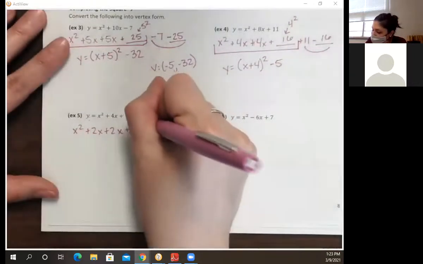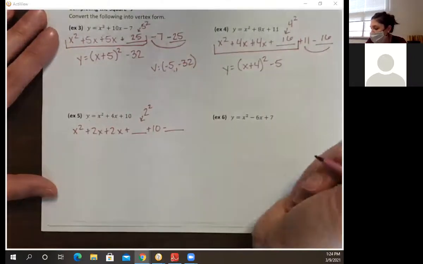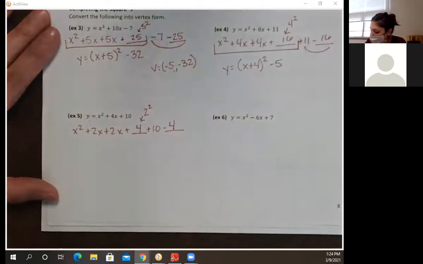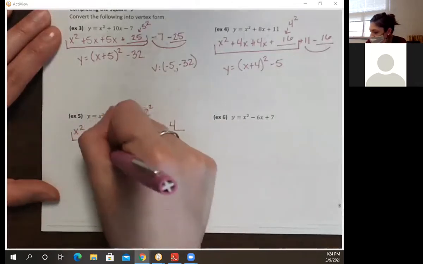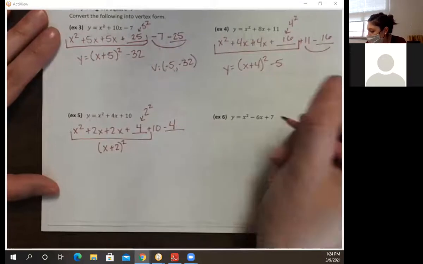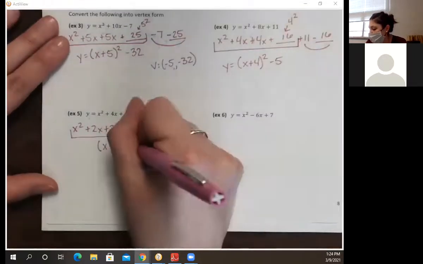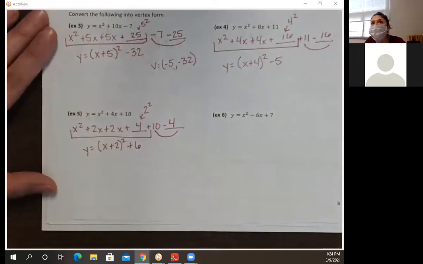I'm going to fill in the blank with our cut in half b number squared. 2 squared is 4. Now this part I can write as x plus 2 squared. And this part, I'm going to combine my like terms and I get plus 6. So there's my vertex form.